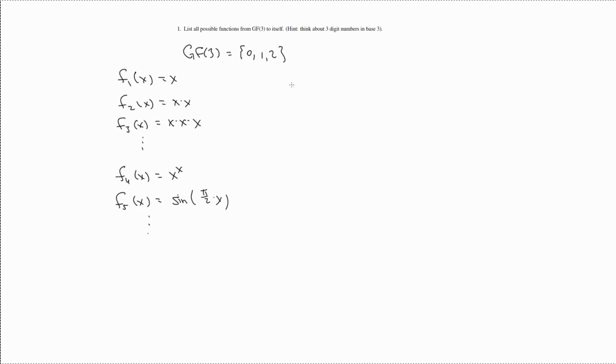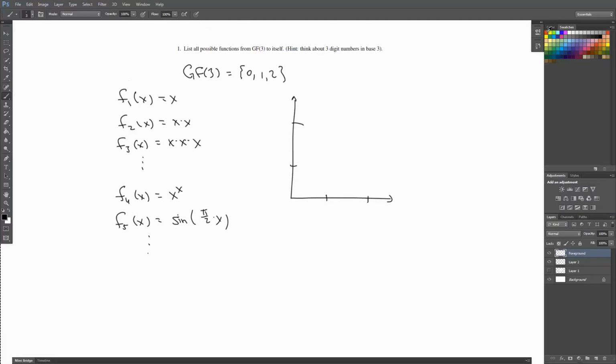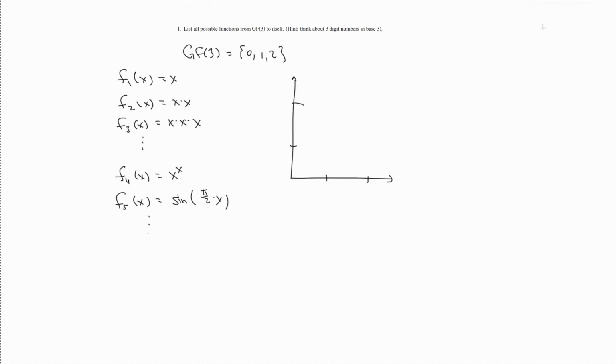But now what happens if we try to plot these functions? If we try to plot f of x equals x, we get (0, 0), (1, 1), and (2, 2). So this is f of x equals x.